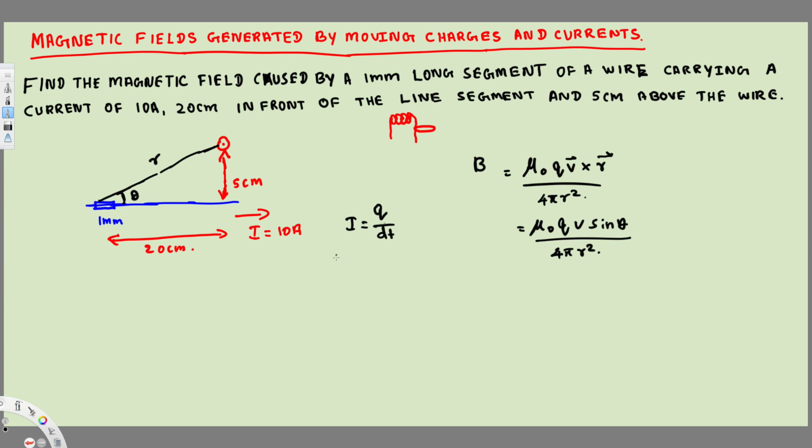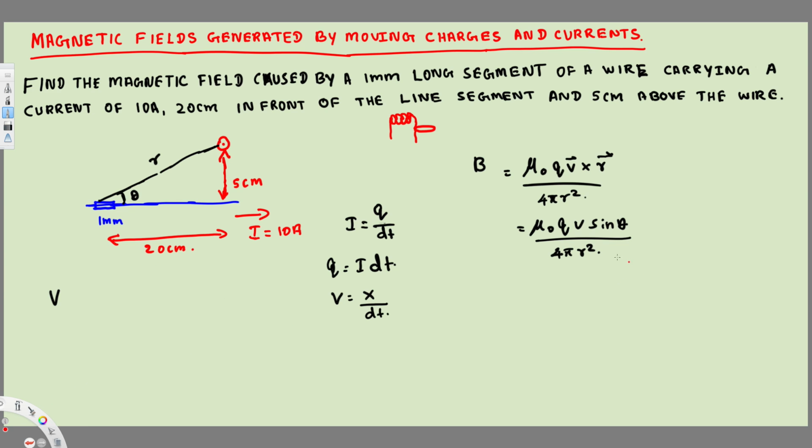So instead of q, we can write q is equal to I dt. And if you notice, we don't have the time either, but also we don't have the velocity, and we know that velocity is equal to distance over time. So here, distance over dt, and instead of velocity, we can write distance over dt, and let's write this one together.